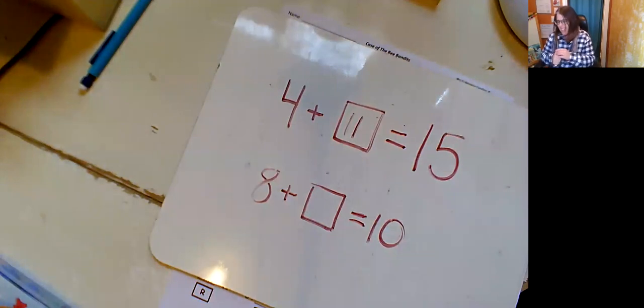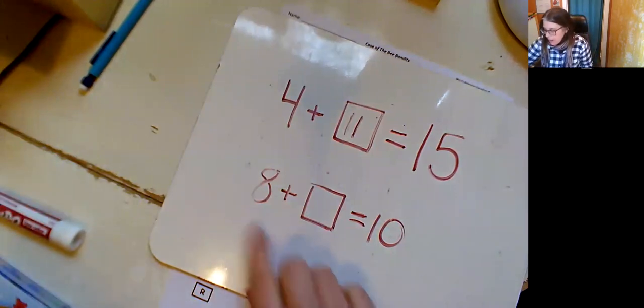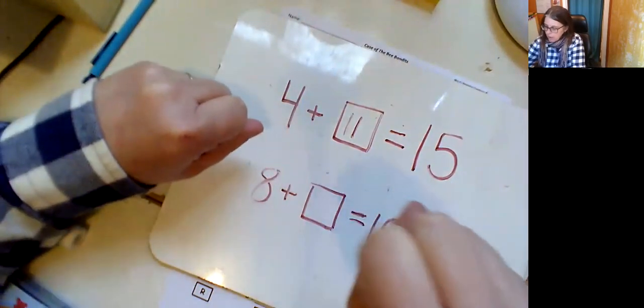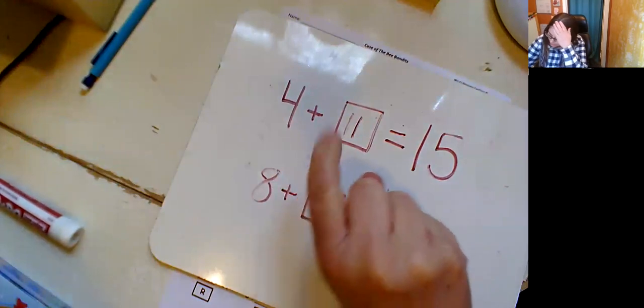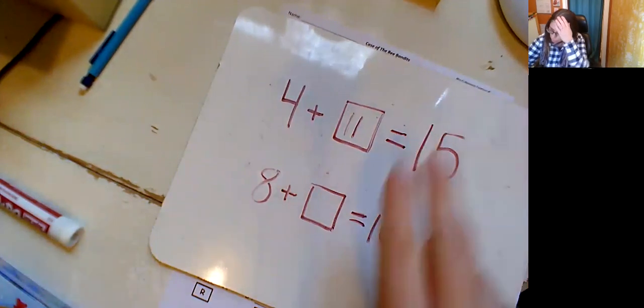Those numbers, 8 and 10, are pretty close together. So here's what you can do to solve this one. You can put 8 in your head, and then you're going to use your fingers to count up until you get to 10. So 8's in my head, 8, 9, 10. So 8 plus 2.